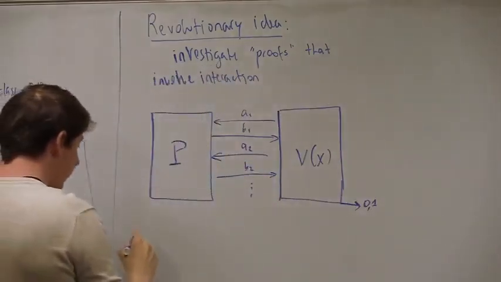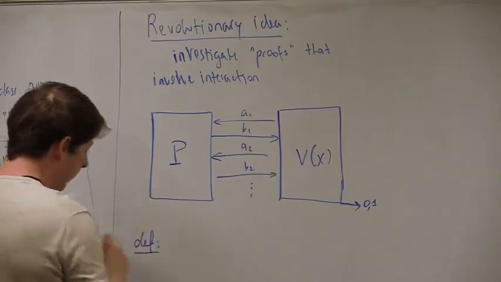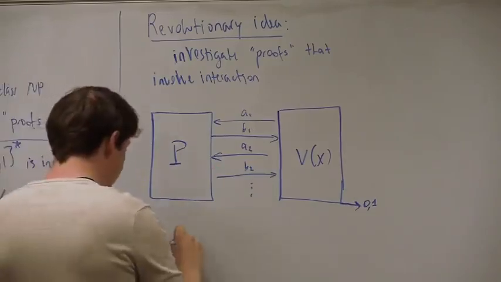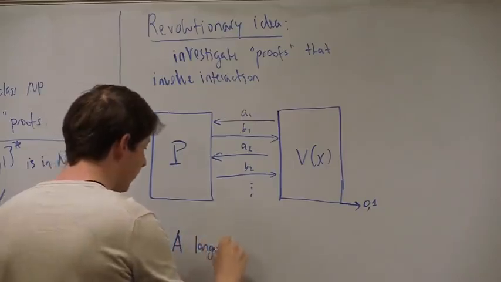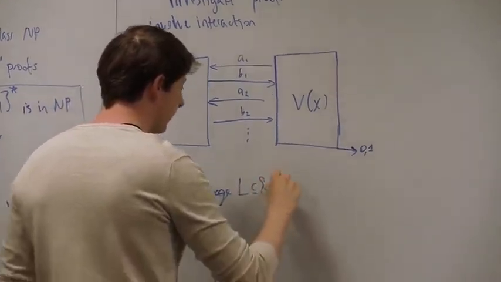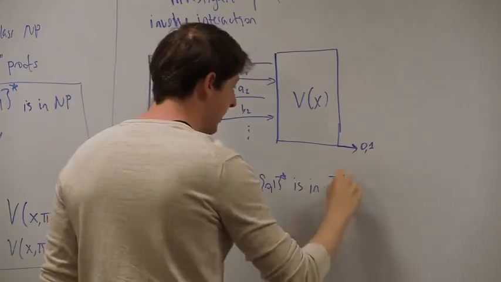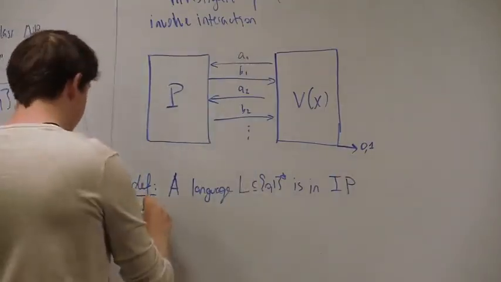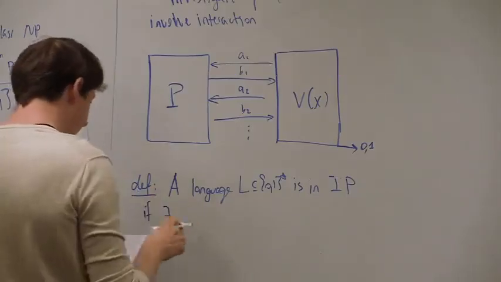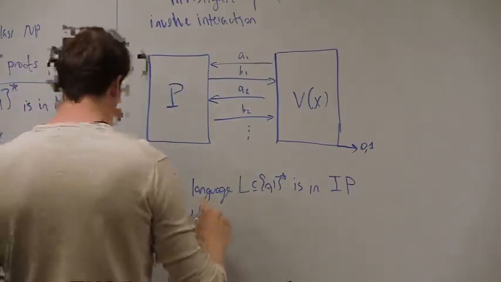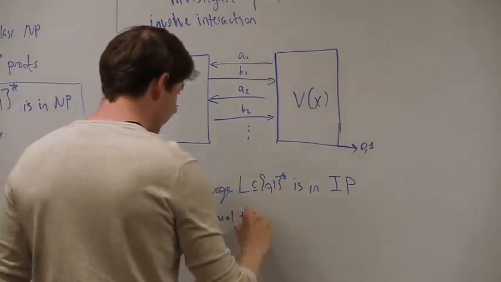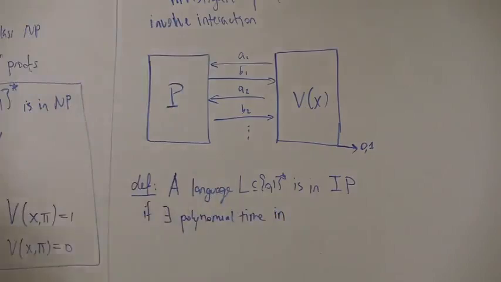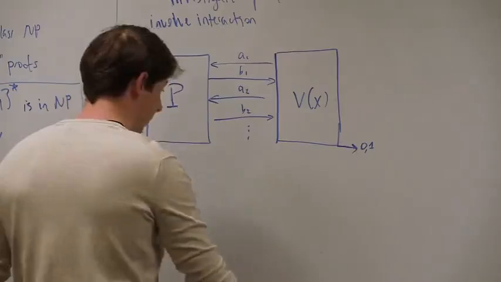With this in mind, a language L is in, so the complexity class that we consider now is IP, for interactive proof, if there exists a polynomial time, now interactive algorithm, and actually I want to write this definition with more space, so let me do it up here.